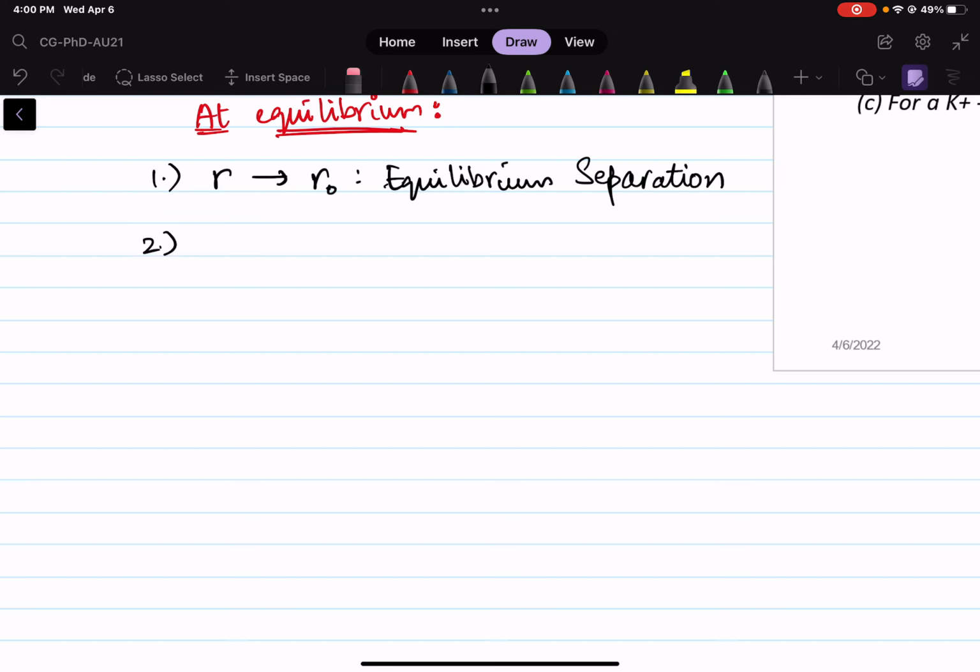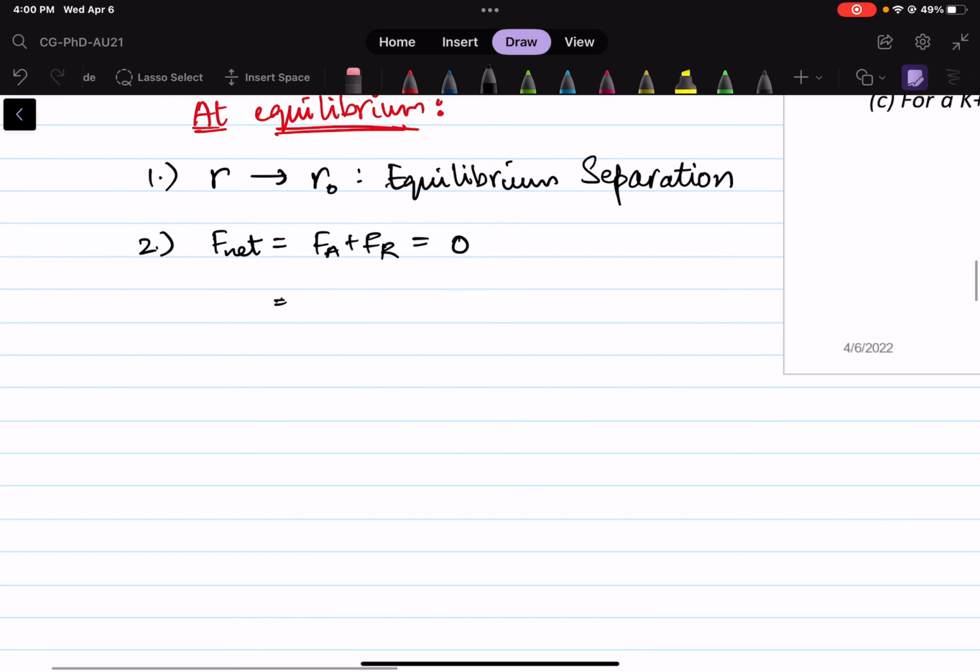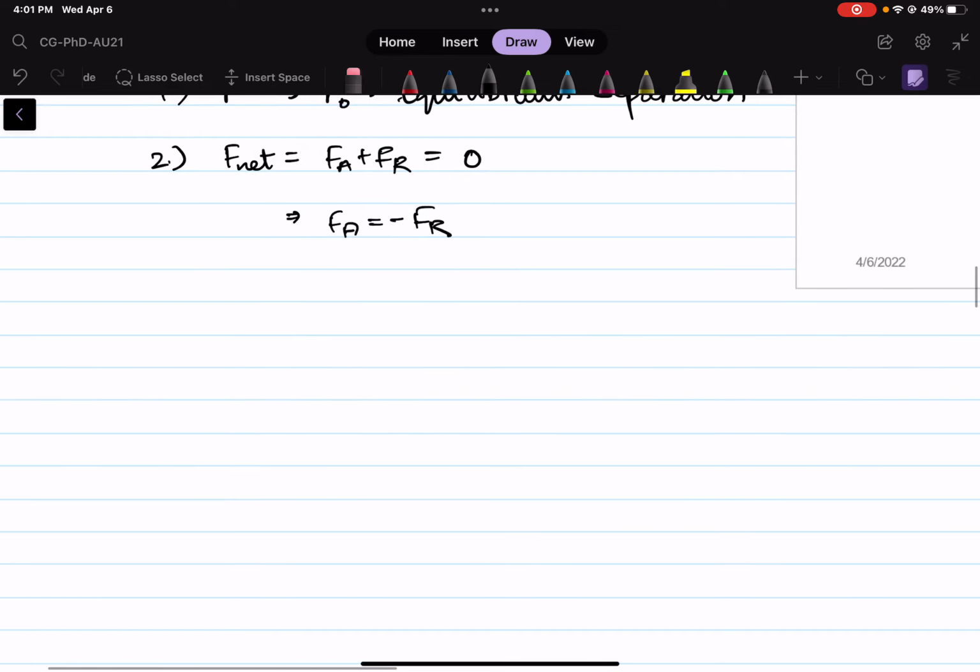Second, your F net is equal to FA plus FR. Now that is everywhere, but at equilibrium this becomes 0, which gives you FA equals to minus FR, right?